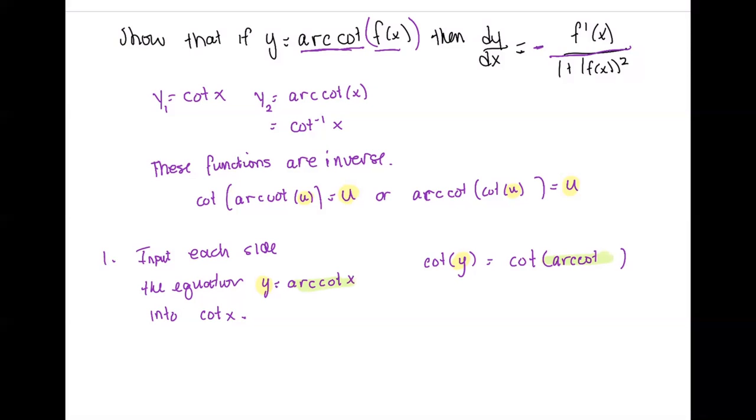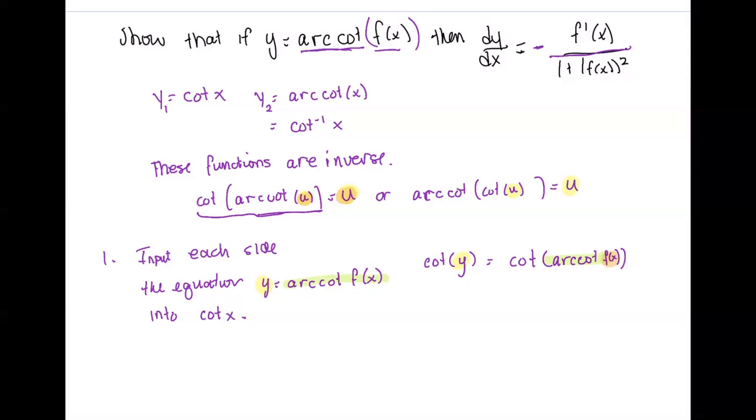Apologize for this, this is supposed to be an f of x. So right here, notice that this looks like the one on the left. The part in yellow, that's the f of x.